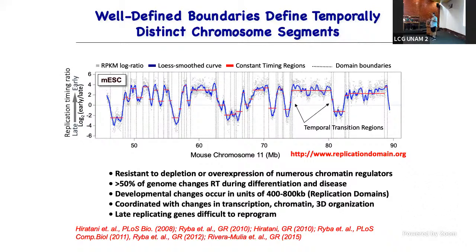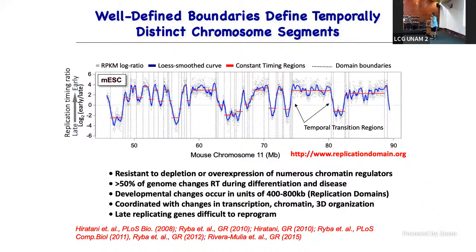But we decided to take a look because another hypothesis is that cells run into a brick wall when they're reprogramming, and they're all actually lining up at some place they can't get past. To test that hypothesis, we did RepliSeq, this replication timing method, on multiple clones, multiple partially induced pluripotent stem cells, separate isolates that were not able to make it all the way back.